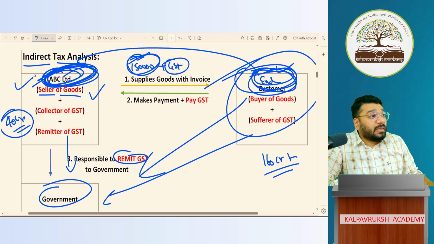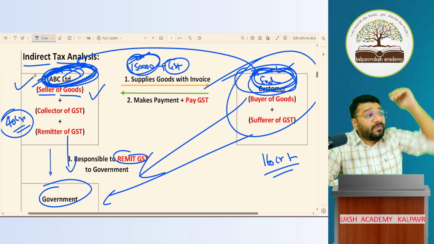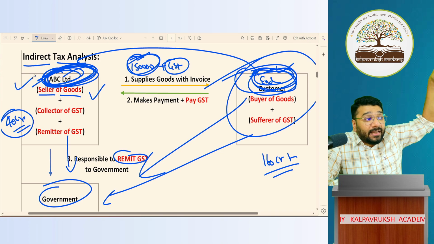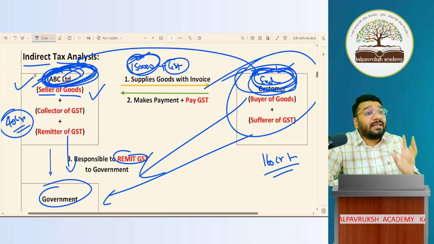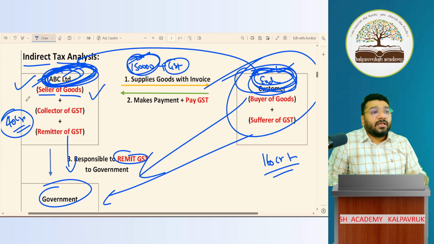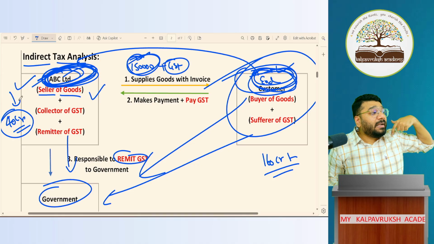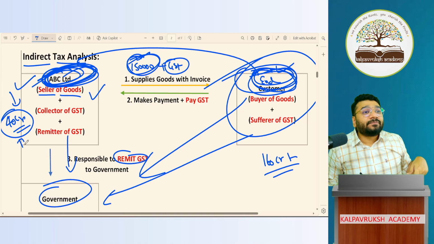So the government has given the responsibility of collecting and remitting the money on the head of middlemen. So all the business people are in charge of collecting the taxes from the end consumer and remitting it to the government, so that governance for the department becomes easy. If these 40 crore people are not complying with taxes properly, as a government I'll give notices to 40 crore people.